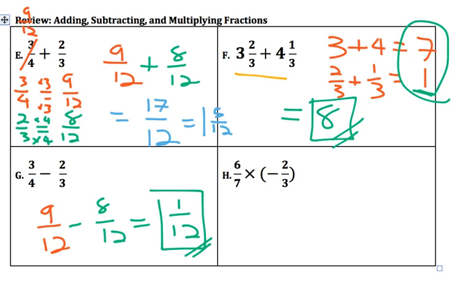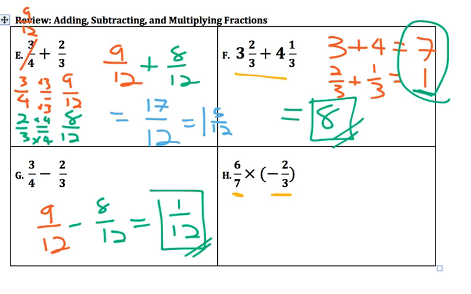The last one, H, we're multiplying, and if you think about this, this is like a positive fraction, and this is like a negative fraction. Same signs multiply to positive, different signs multiply to negative. That works for fractions or any type of number, as long as they're either negative or positive.